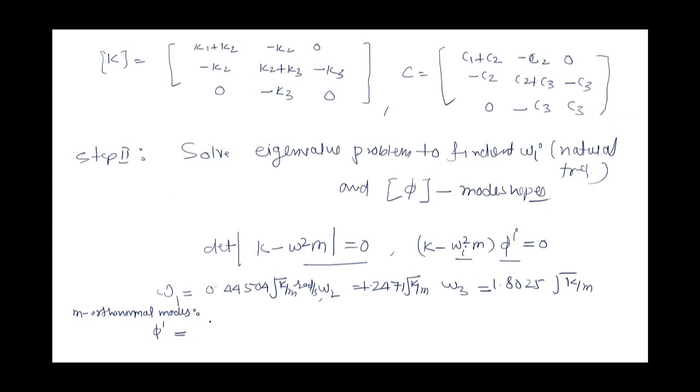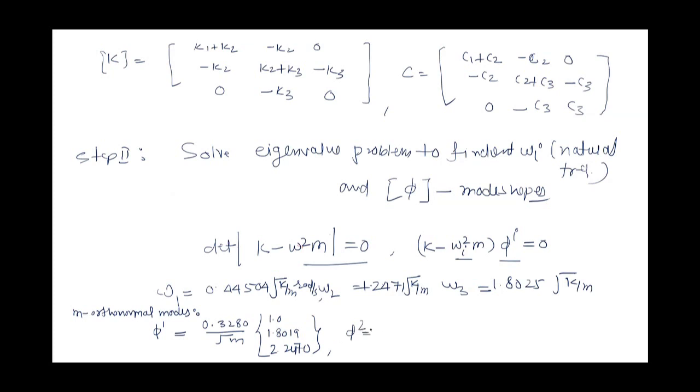Already we know these things, so we can write 0.3280 over under root m, this is 1, 1.8019, 2.2470. So this was our first mode.